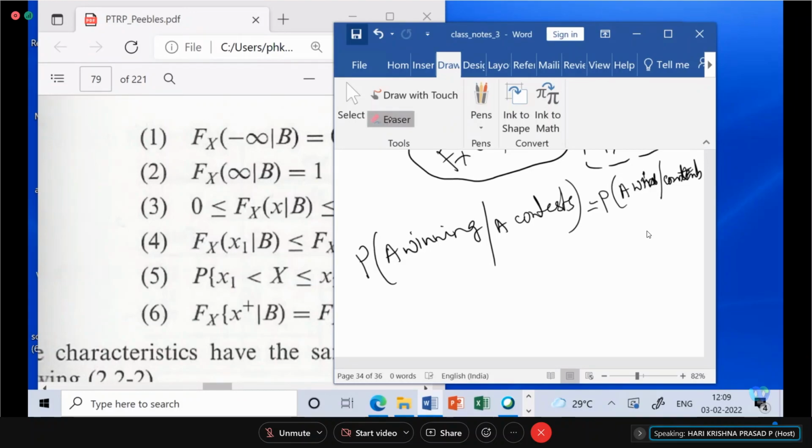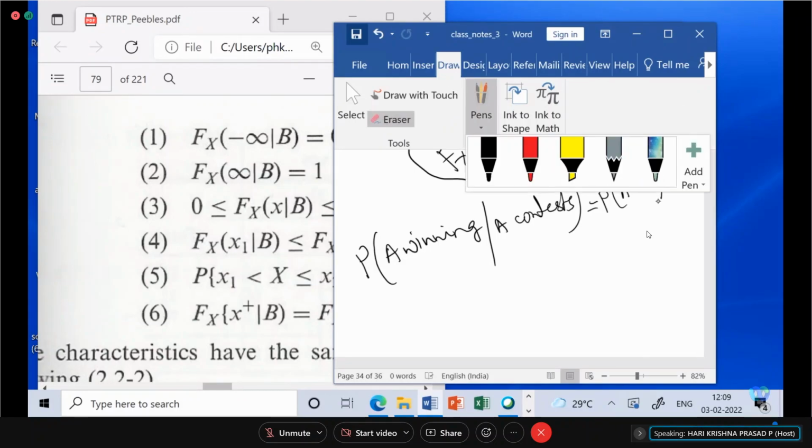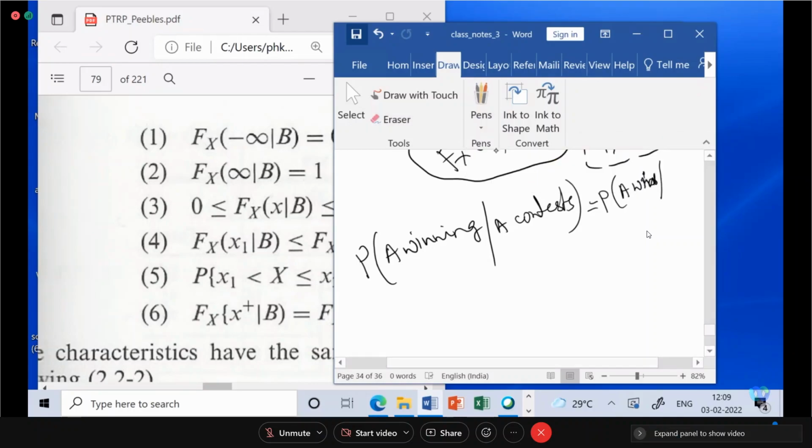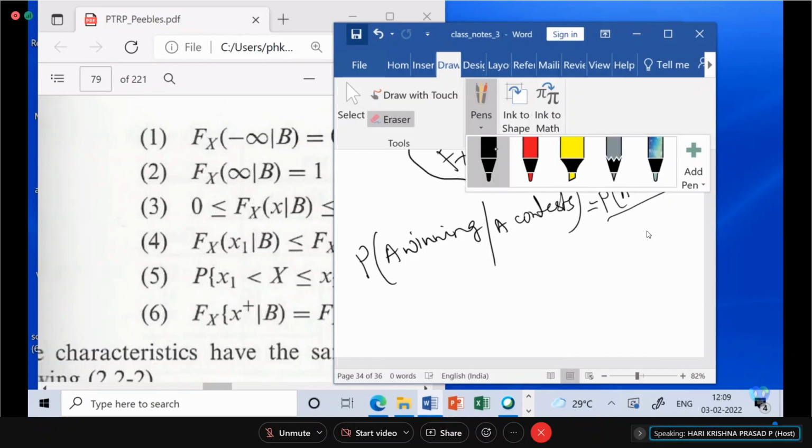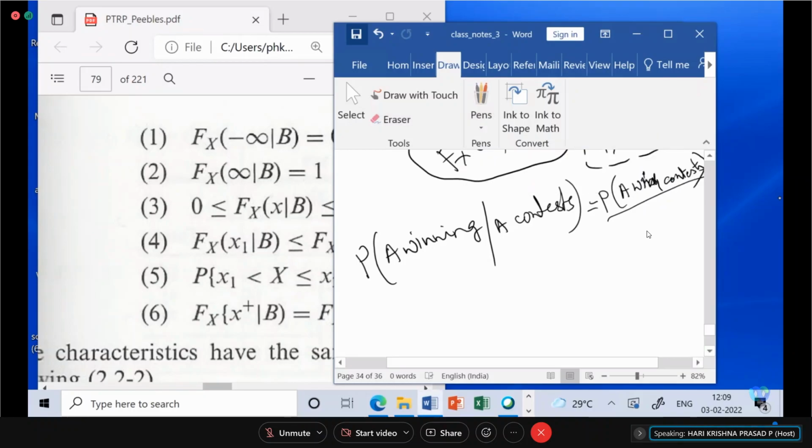I am writing something, okay, which is not clear. A winning given contests, divided by this intersection, please, because two events should happen. This intersection divided by P of contests.